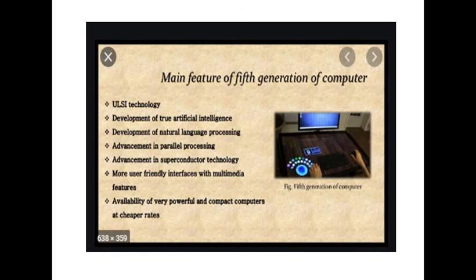Coming on to the last generation, that is the fifth generation, starts from present and we talk about future. This generation talks about the future. So in this, ULSI technology is going to be used, which is actually artificial intelligence.